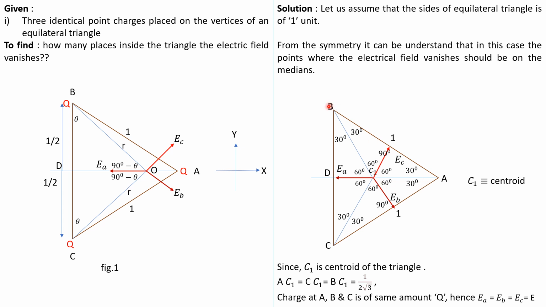At the centroid, BC1, CC1 and AC1 are equal, and the charges at A, B and C are of the same amount Q. So hence EA will be equal to EB is equal to EC, and let us say that is equal to E.